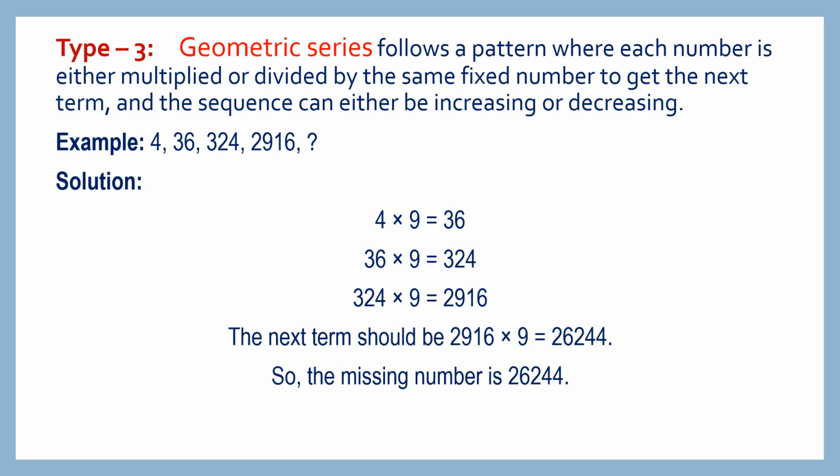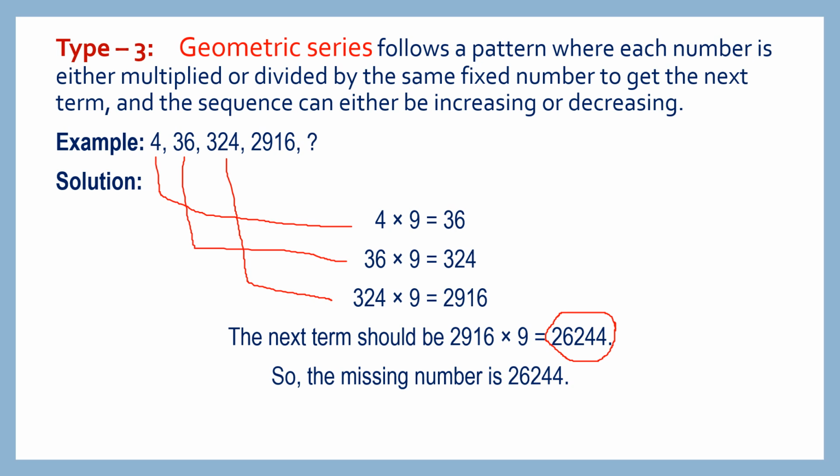We have to find how the first two numbers are linked. 4 times 9 is 36, and 36 times 9 is again 324. In the same way, 324 times 9 is 2916. What might be the next term? Again we multiply the last number by 9 to get the answer.